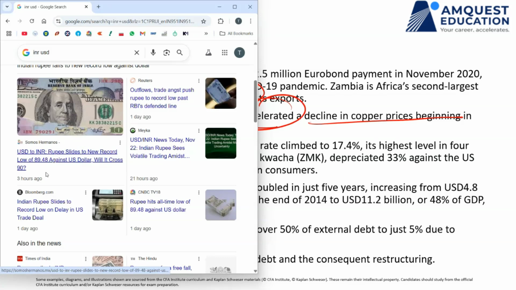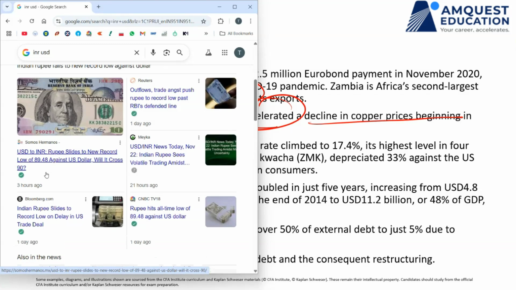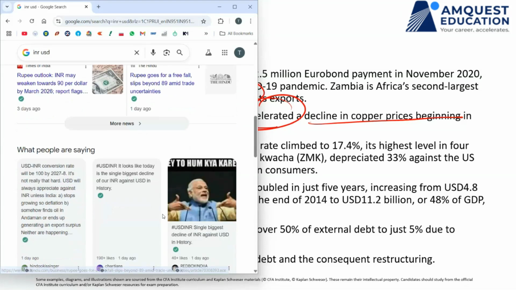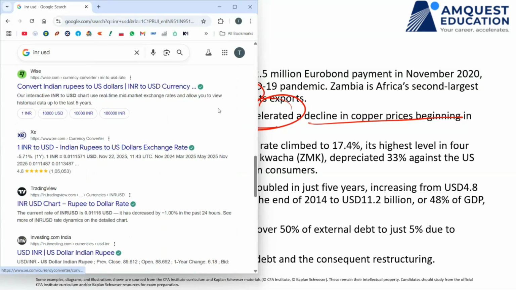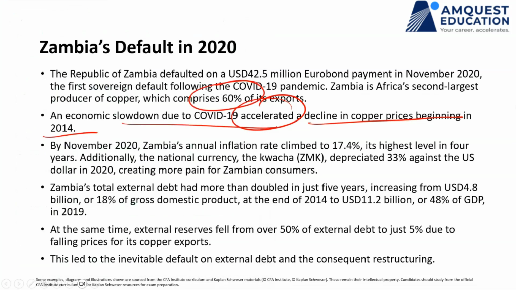Yep, slides to a new record low of 89.48 against US dollars. We have never hit 90, but the rupee is depreciating that fast, and it was a very, very fast depreciation, especially on Friday. I think you should look at Friday's chart if it is available to you. It will tell you there was a very quick depreciation of the rupee on Friday.